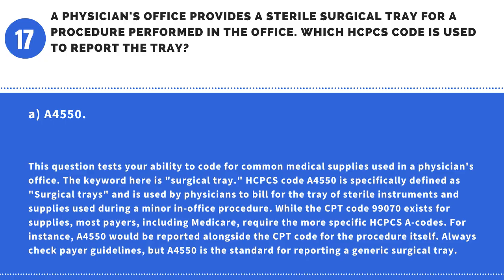While the CPT code 99070 exists for supplies, most payers, including Medicare, require the more specific HCPCS codes. For instance, A4550 would be reported alongside the CPT code for the procedure itself. Always check payer guidelines, but A4550 is the standard for reporting a generic surgical tray.